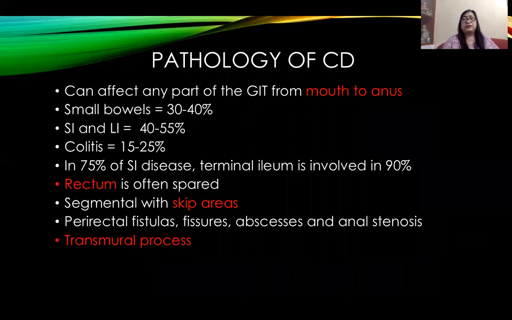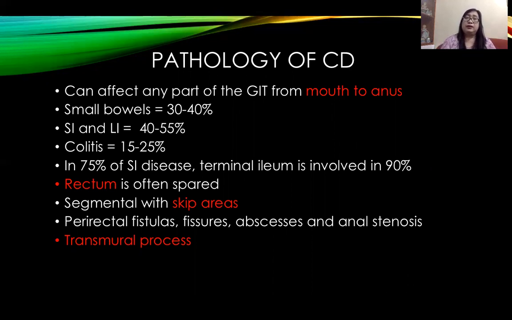What about your Crohn's disease? Your Crohn's disease can affect any part of your GIT. So that means from your mouth to anus, you may develop Crohn's disease. Your small bowels are affected in 30 to 40%. Small bowels and large bowels, both affection is seen among 40 to 55%.